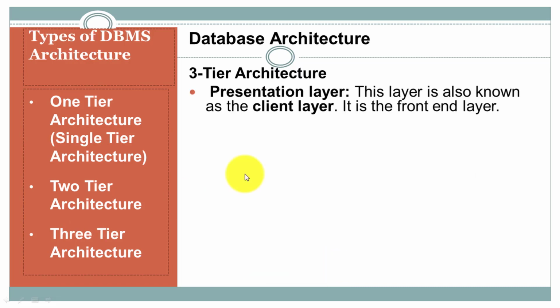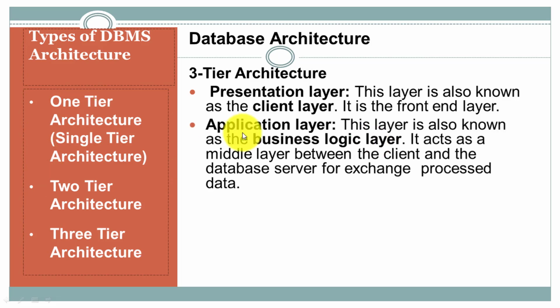The presentation layer is known as the client layer and it is the front end layer. The main purpose of this layer is to serve as the user interface and to communicate with the application layer, that is the second layer. The application layer is the middle layer, known as the business logic layer.